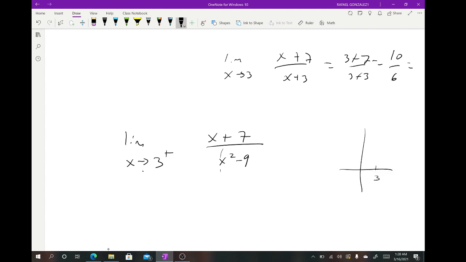The function is undefined. If you plug in 3, you get 0 in the denominator, so that function is undefined. So if I asked you for this, it will be something like from the left or from the right, and you have to determine whether this is going to be infinite or not. And we had various ways of doing that. You could try to do this analytically or by estimating it. We definitely had different ways of doing this. So that's something that I suggest that you review.